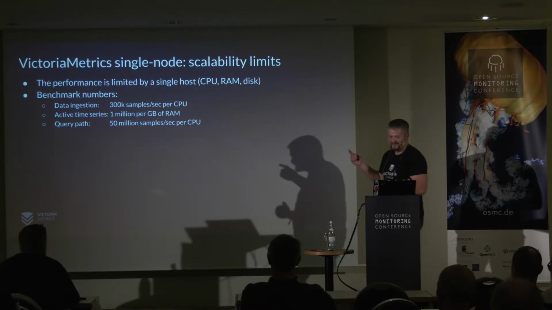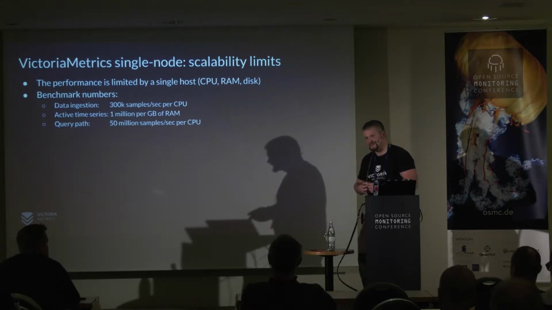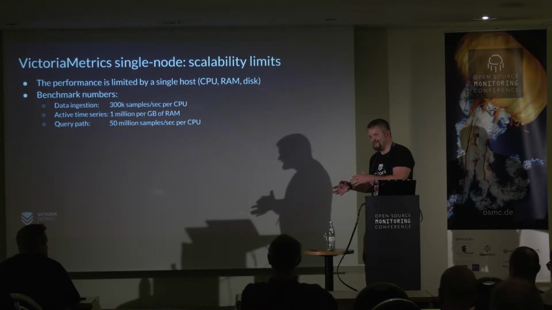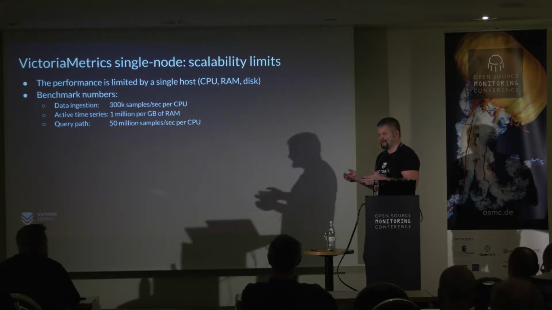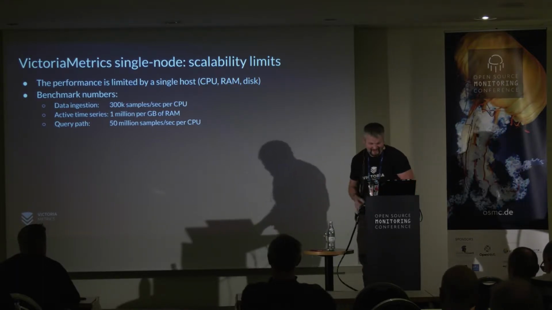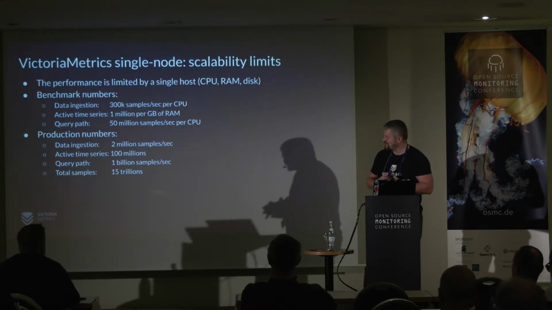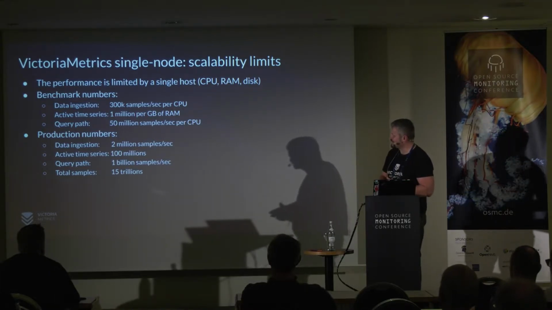This means if you read the title of the presentation, 100 million samples per second, if we don't mention that this is related to data ingestion path, then we can say that VictoriaMetrics can reach such speed, 100 million samples per second on 2 CPU cores during querying on single node version. And the production numbers are quite different. They are usually lower, for obvious reasons, but they are also impressive.